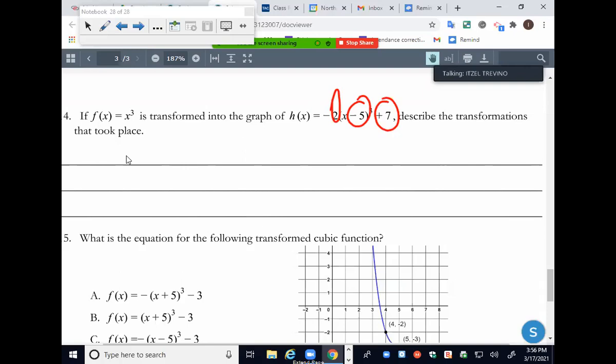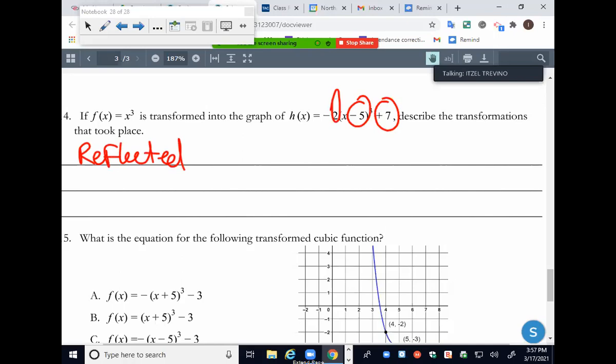What happened to my graph? If we don't remember, what can we always do with my graphs? Graph it. Put both of them and look at the difference. But we should know it, right? So what happened to it? It flipped.